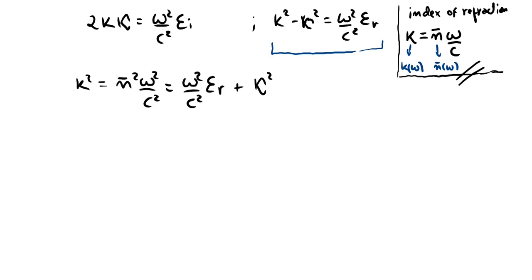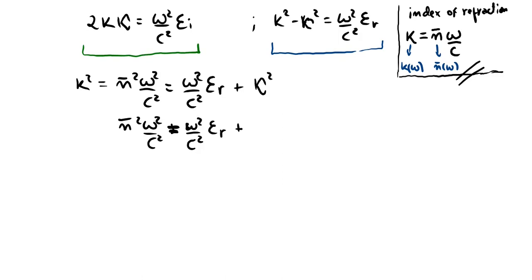Then for kappa squared, I'm going to use this equation here. So this is going to give me something like omega to the fourth, c to the fourth, epsilon i squared, and in the bottom here 4, and then k squared again. K squared again is going to be n bar squared omega squared over c squared.